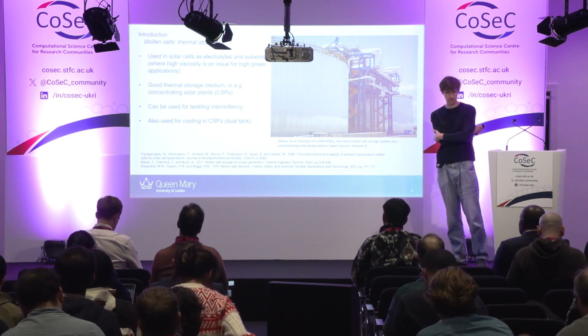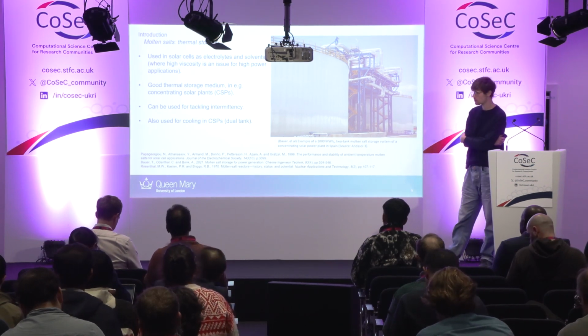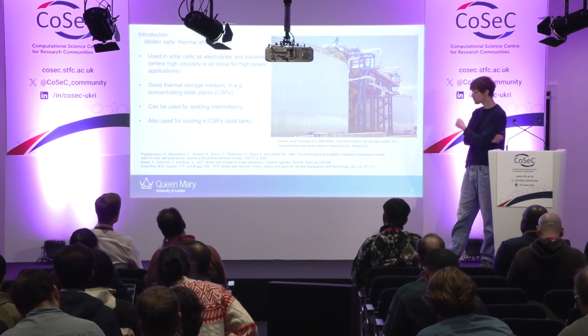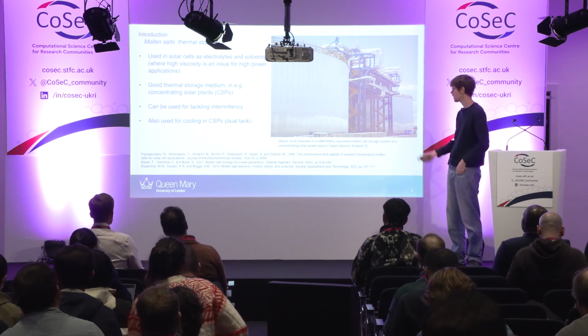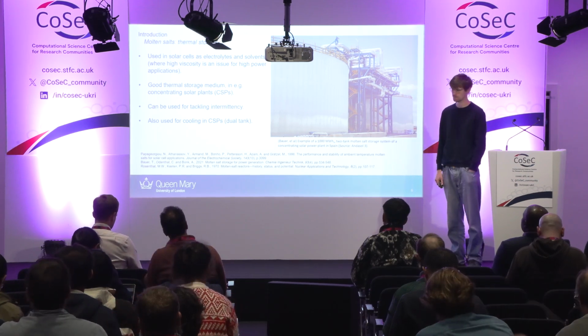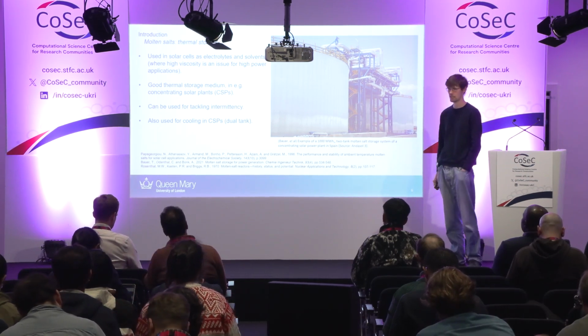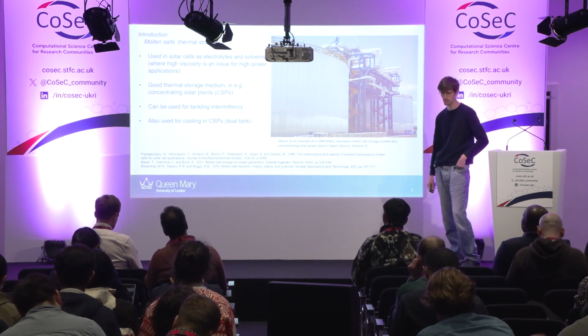On to energy applications, which is one of the main reasons we're interested in these. Molten salts can be used in solar cells to form part of the electrolyte of solvents, where things like viscosity become quite important in how you design them and their operating conditions.